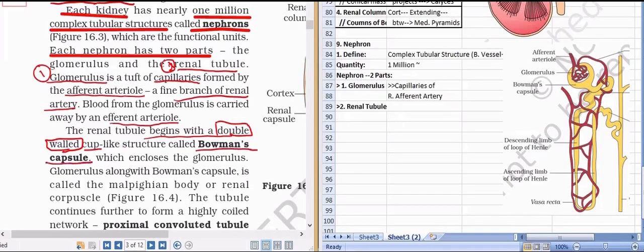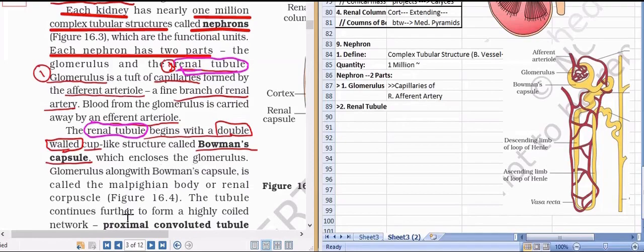So number one in the renal tubule is Bowman's capsule. We are discussing the renal tubule. What is the Bowman capsule? It includes the glomerulus, meaning it surrounds the glomerulus.